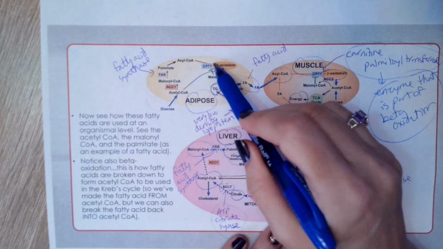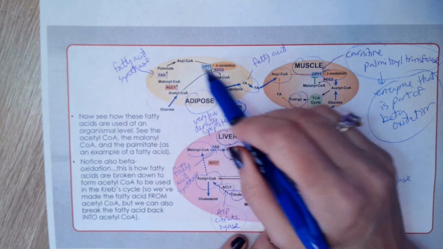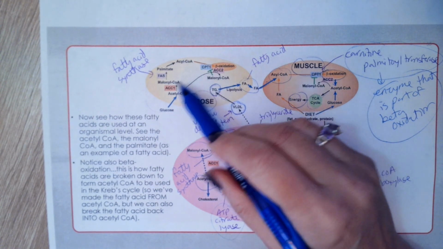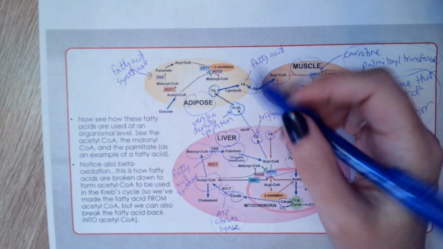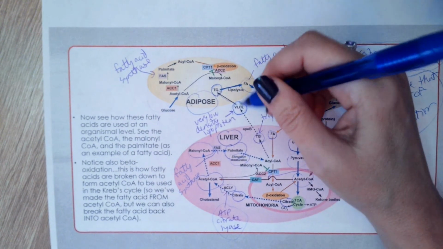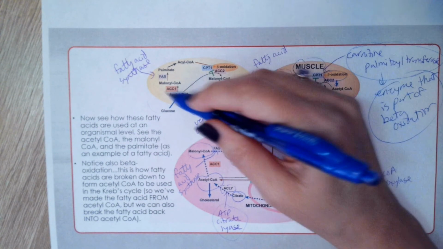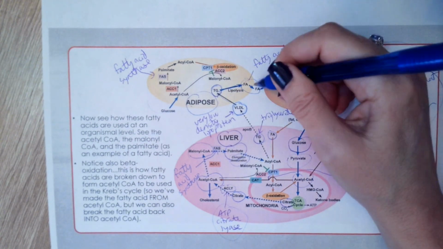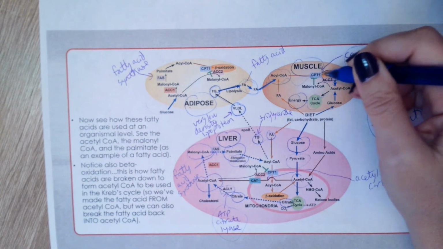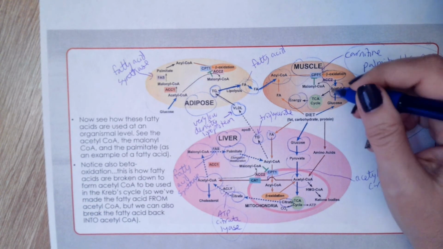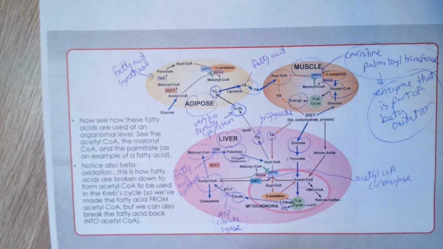So the adipocyte, the fat cell, can make the fatty acid itself using fatty acid synthase for storage. Either way, whether the fatty acid came from the liver or whether the adipocyte made it itself, if we break it down back into fatty acids, do beta oxidation and get acetyl-CoA, in a muscle cell, we can use that to run the Krebs cycle and for energy.